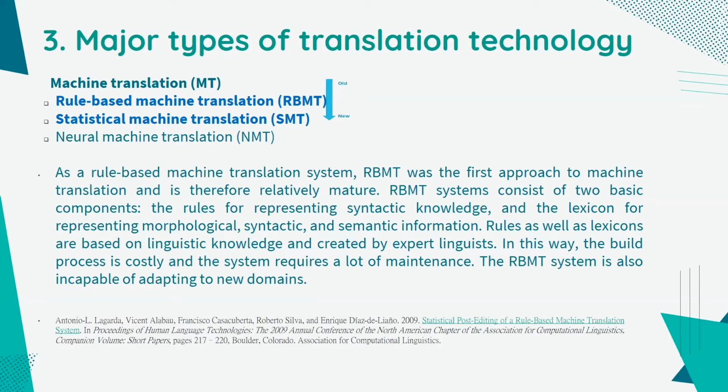So rules as well as lexicons are based on linguistic knowledge. They are created beforehand by expert linguists. In this way, the build-up process is costly, and the system itself requires a lot of maintenance. Therefore, it is incapable of adapting to new demands.